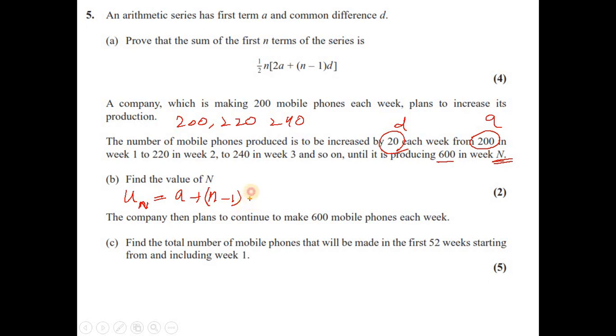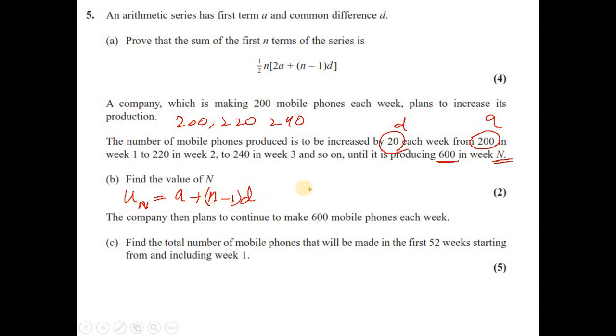This is the formula for the general term, and n is what you need to find. So un is 600.